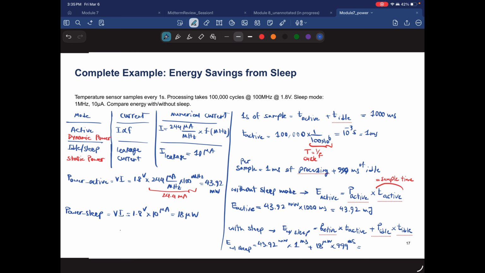And I just calculated it before, so let me pull that up. So this is about 43.92 microjoule, and this is almost 43.90 microjoule plus 18 multiplied by 999.